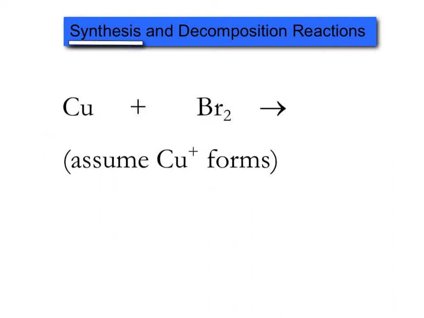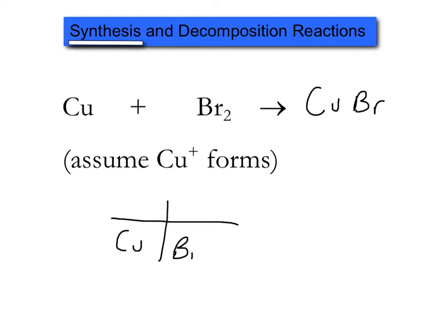Let's take a look at our second example. We can see here that copper is a metal, and so we're going to put that first when we write out our products. So it'll give us CuBr. Now let's do a T-chart so we can see if there are any subscripts that need to be added. Now copper is a metal that has more than one possible charge, and the charge that is being used in this one is going to be +1.